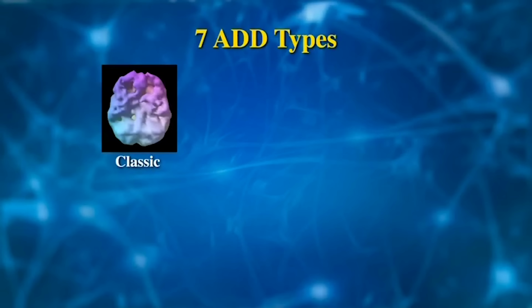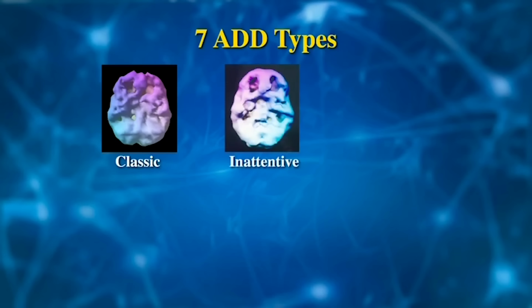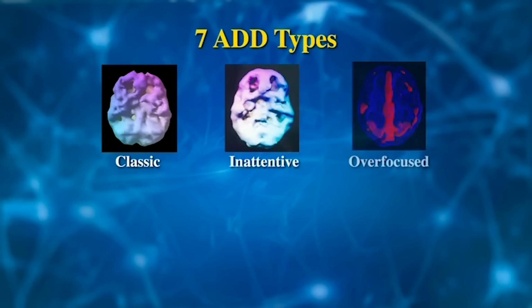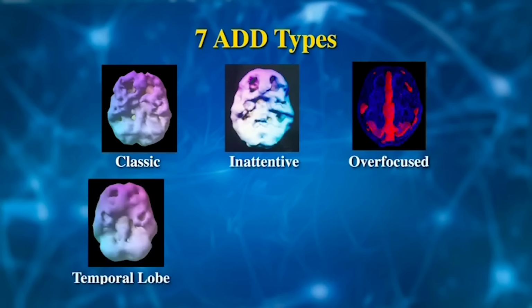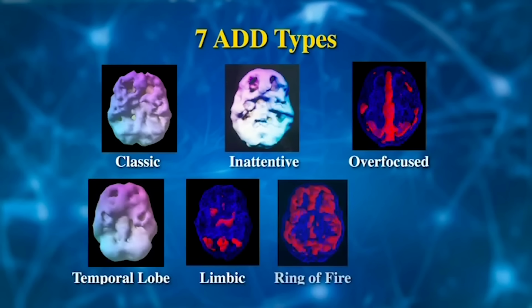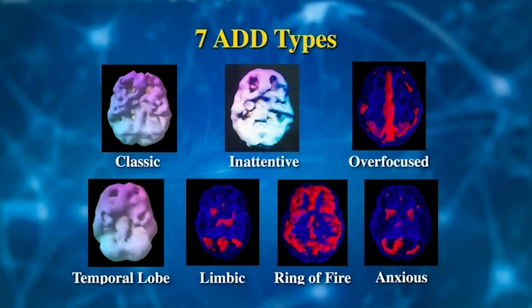Over the years, we've seen 7 clinically relevant types of ADD. Classic ADD, or what most people call ADHD, inattentive ADD, overfocused, temporal lobe, limbic, ring of fire, and anxious ADD. It's important to note that people can have more than one type.